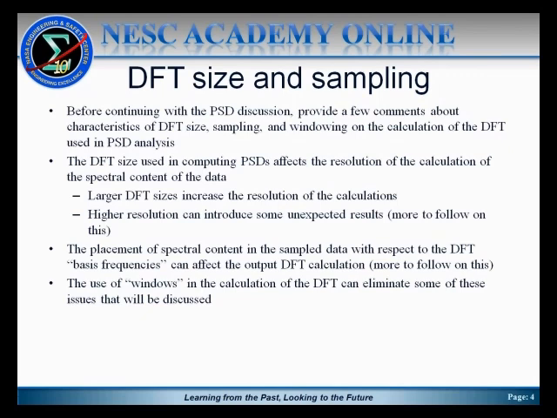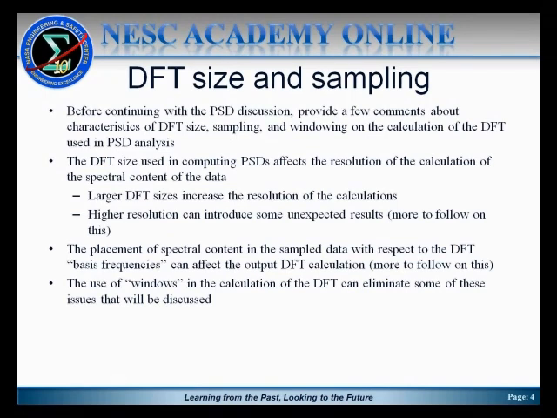The higher resolution can introduce some unexpected results, and we'll have some examples in a few charts that elaborate on that. The placement of the spectral content in the sample data with respect to what's referred to as discrete Fourier transform basis frequencies can also affect the output DFT calculation and can provide some unexpected results, again, if you're not prepared for that.